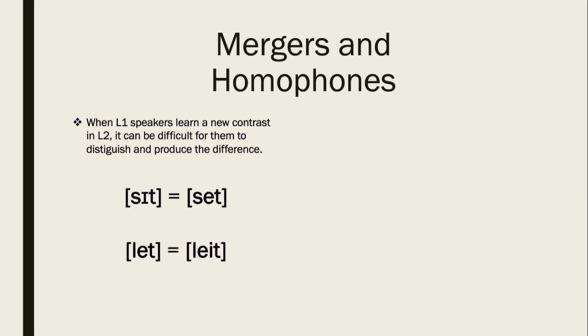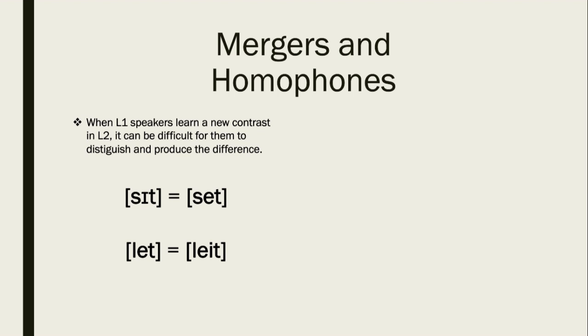In English, these are 2 separate phonemes that carry meaning, meaning the word let and the word late have different meanings because of the vowel sound, but in some languages this distinction does not exist, so producing these for a speaker who doesn't have this distinction is much more difficult. The problem with this is that when these second language speakers are speaking to first language speakers, homophones appear that did not originally exist. This could cause some confusion.